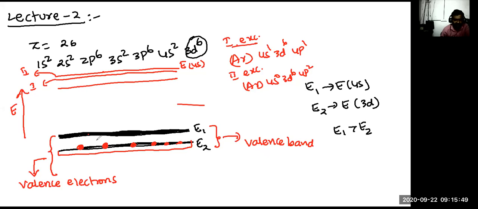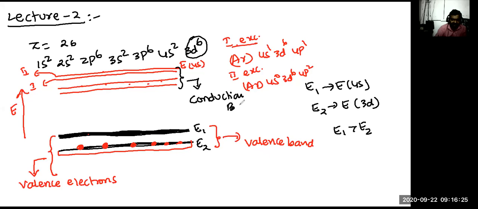Similarly, all the six electrons from the same subshell will be excited to the excited states, the first excited state and the second excited state. In this excited state, electrons will be in the state of conduction, so we can call it the conduction band.